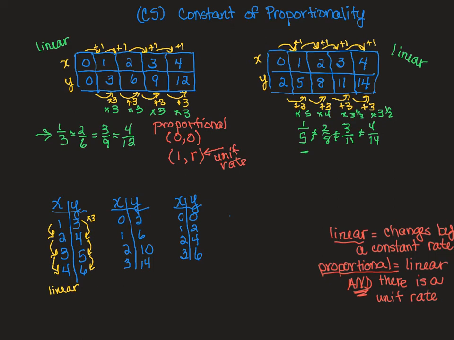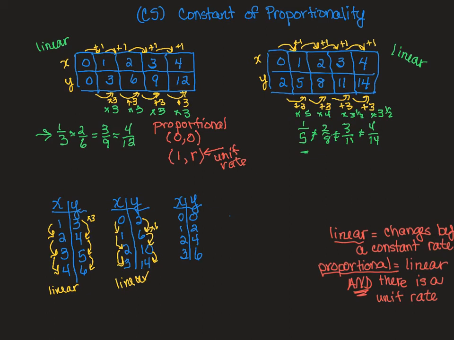Okay, so let's do the next one. As x goes up by 1, y goes up by 4. So it is linear. Is it proportional? Well, 1 times 6 is 6. Is 2 times 6 10? Is 3 times 6 14? No. So it is not proportional.